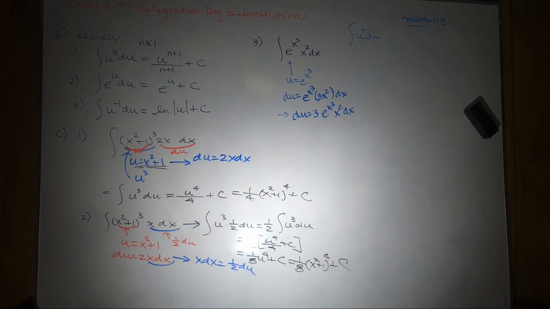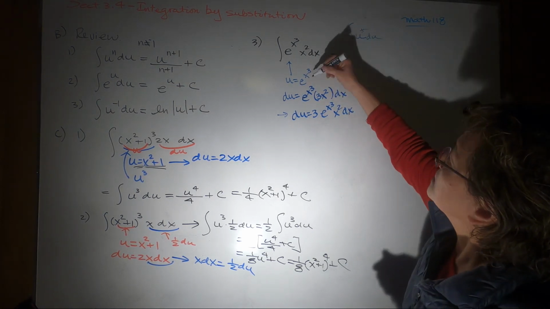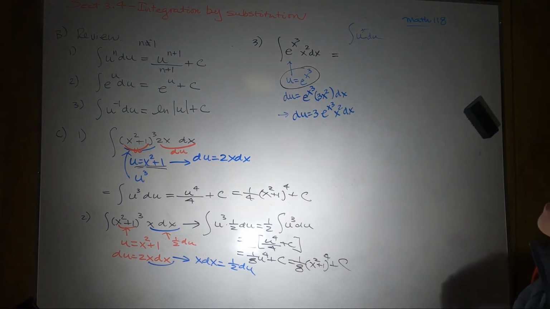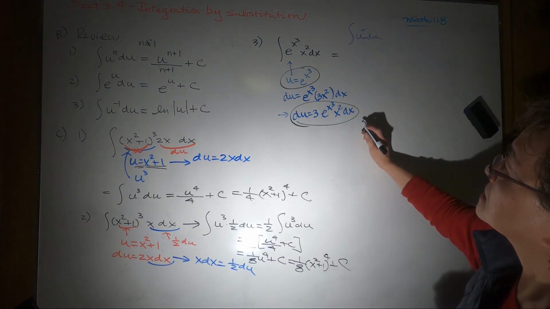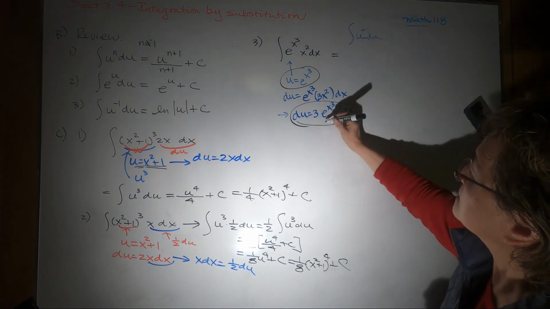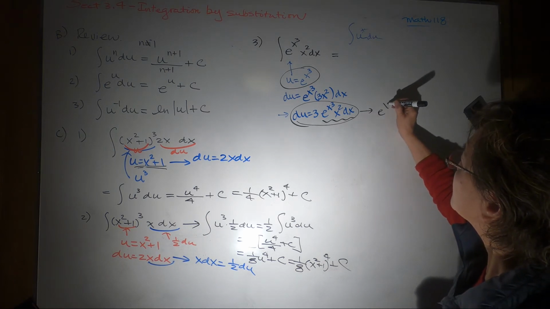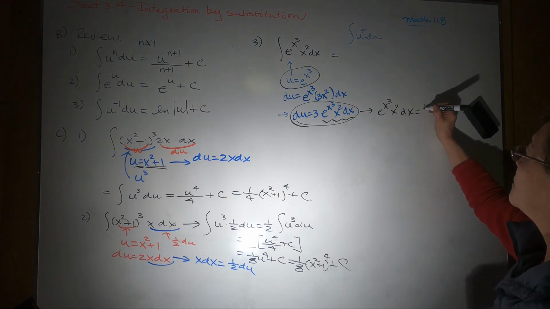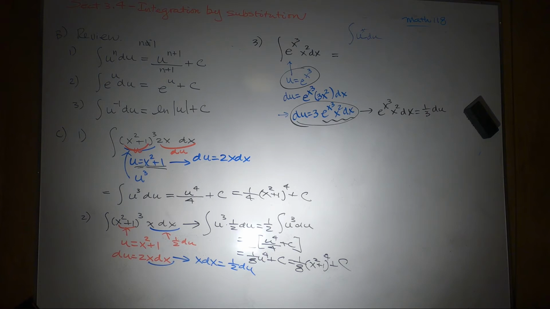So if you do it this way, that's your u, and now your du is this. And this whole thing, e to the x cubed times x squared dx, becomes what? 1/3 of du, right?